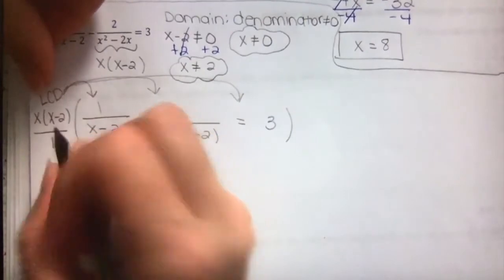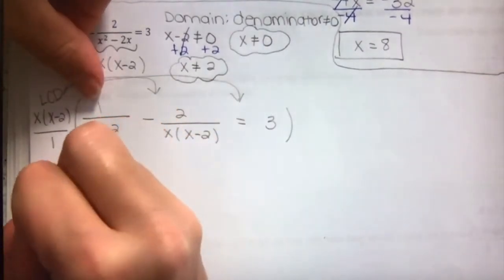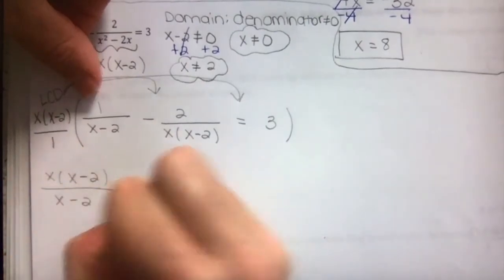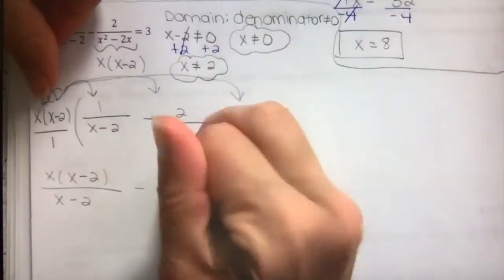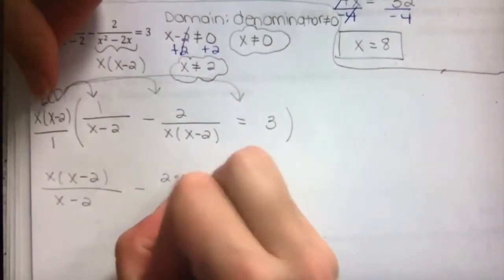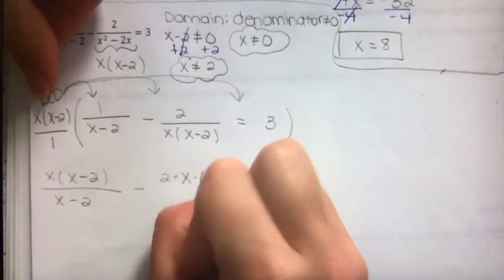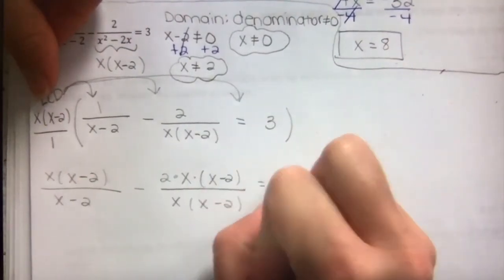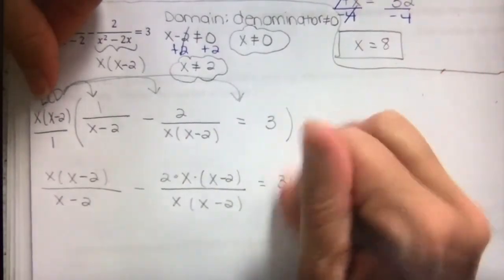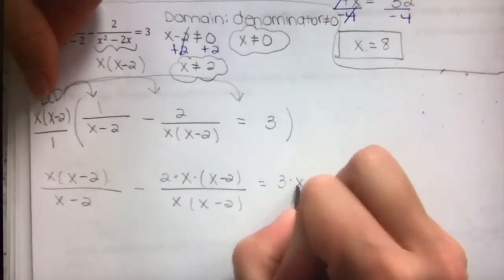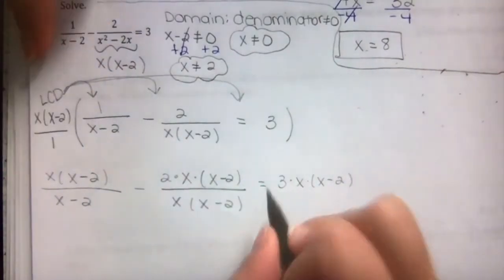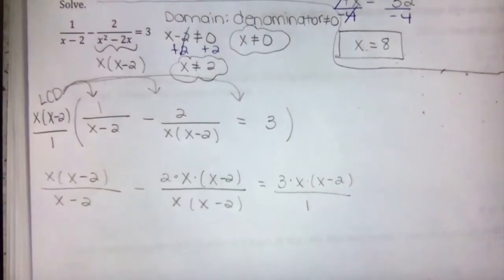So distributing that, we have x times (x - 2) times 1 all over x - 2, minus 2 times (x - 2) all over x times (x - 2), equals 3 times (x - 2) all over 1, but I don't need to really write that. Either way, there's nothing on the bottom.